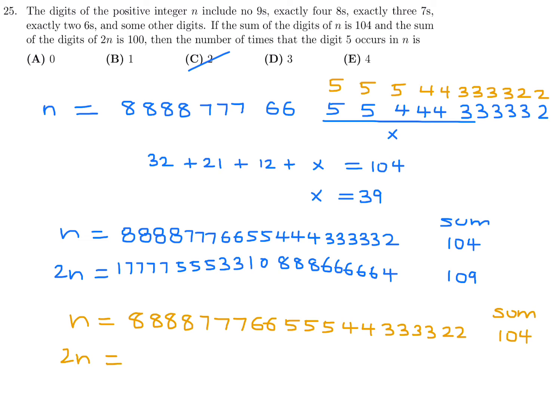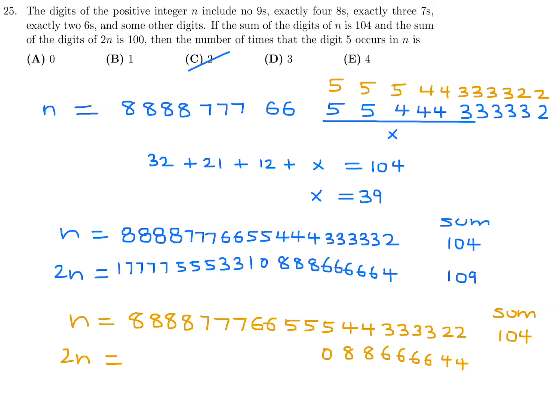Like I said, it's pretty easy to figure out 2n. Not too hard to multiply those by 2. But even if you don't want to do it manually, you can just put it in your calculator, and that's the good part. Most calculators will go up to that many digits.